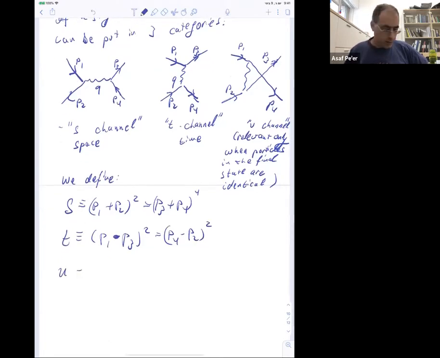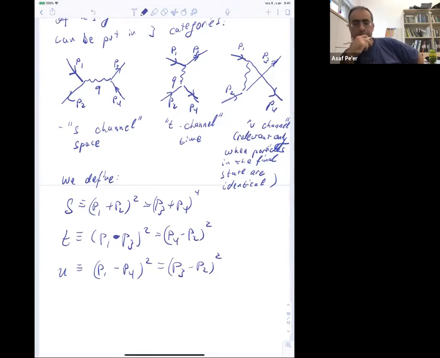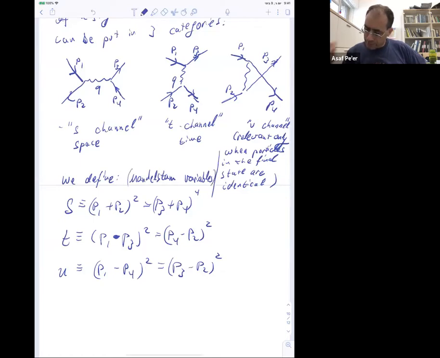And U is (P1 minus P4) squared, which is just (P3 minus P2) squared. These are known as the Mandelstam variables. Mandelstam introduced them in the 1950s.